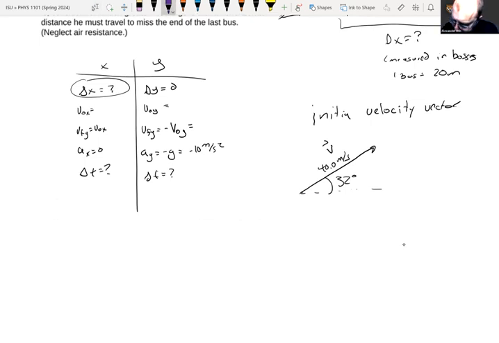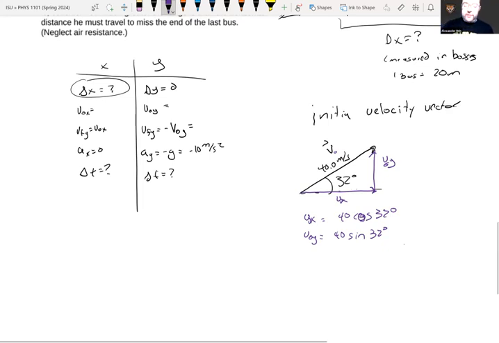So you need to realize that you have a V sub X and a V sub Y. V naught sub X is going to be 40 cosine of 32 degrees, and V naught sub Y is going to be 40 sine of 32 degrees. Basically, all that's doing is manipulating the trig identities for this triangle.